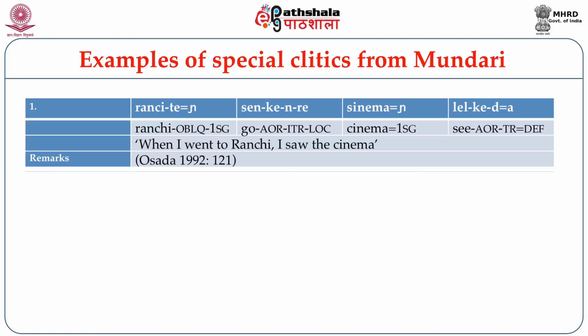Now, unlike the pronouns, if you look at the examples now on your screen, what you find is that the agreement marker ng, the agreement marker for I in the first example, ranchi ten sen kenre sinman lelkeda, the agreement marker appears on ranchite or cinema, which is not the verb.